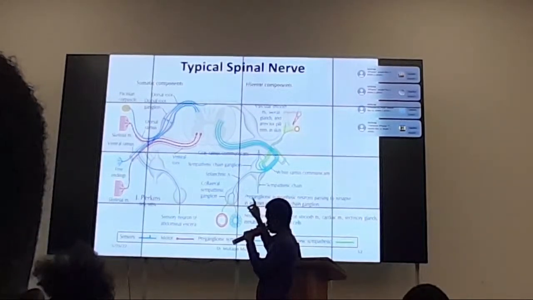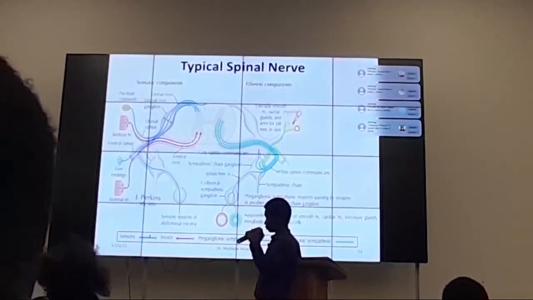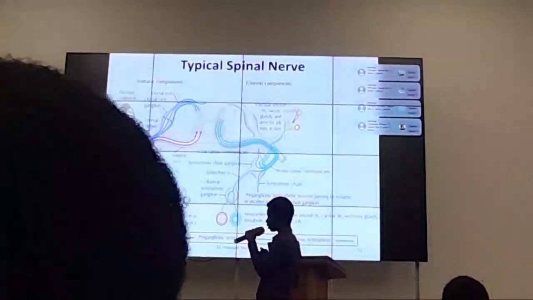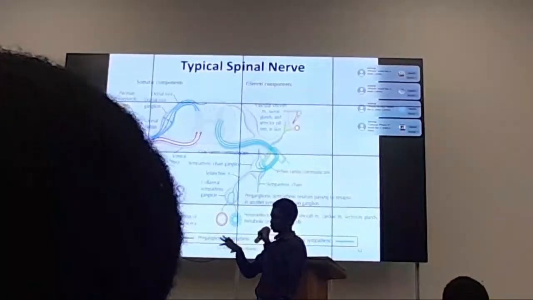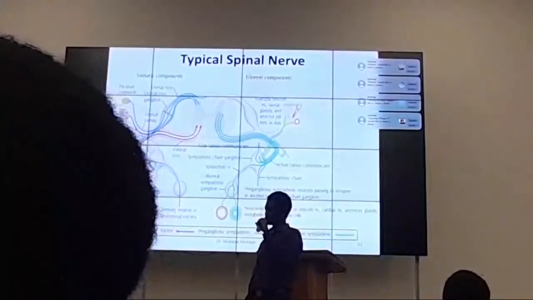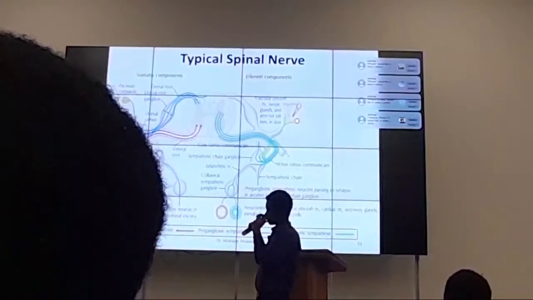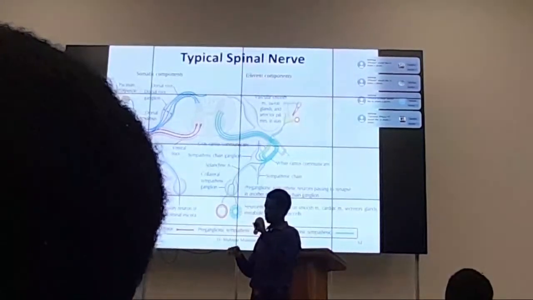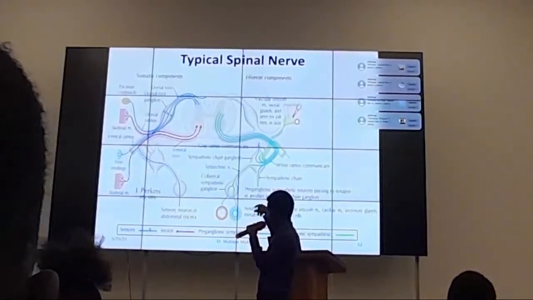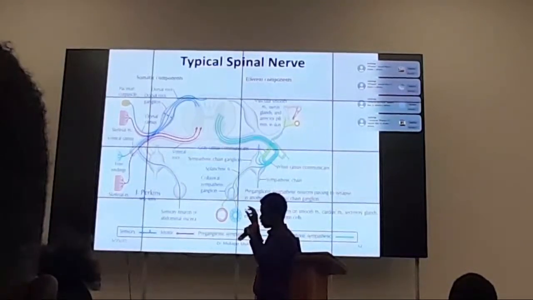On the posterior root, know the dorsal root ganglion. The dorsal root ganglion is basically a collection of cell bodies of sensory neurons passing in the dorsal root. Know the position for the actual spinal nerve. The actual spinal nerve is formed by the fusion of the dorsal root and the ventral root.